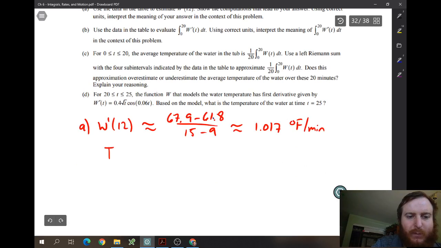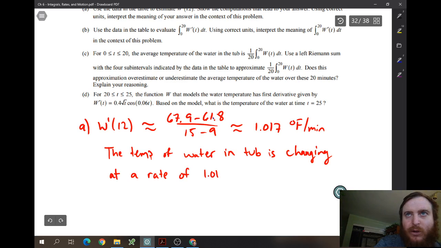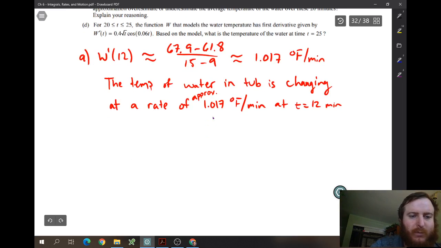So this means that the temperature of water in the tub is changing at a rate of 1.017 degrees Fahrenheit per minute at time equals 12 minutes. And we might want to say a rate of approximately, since we did an approximation for it.